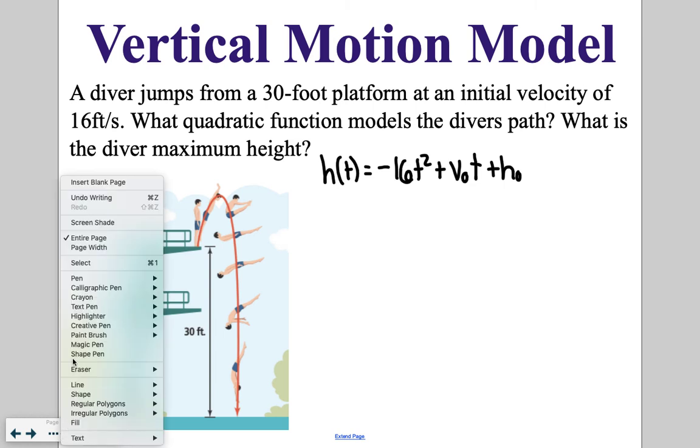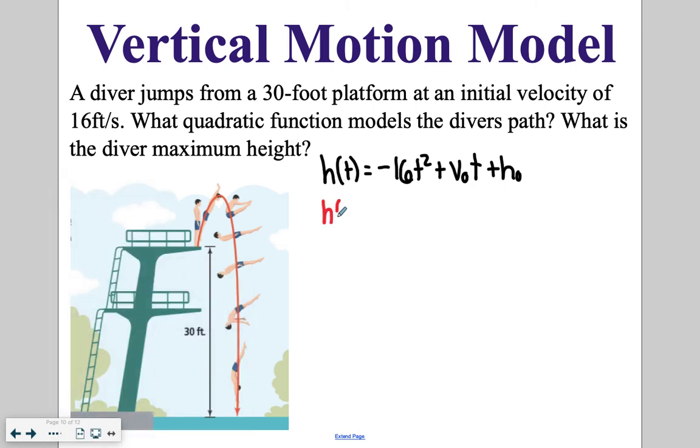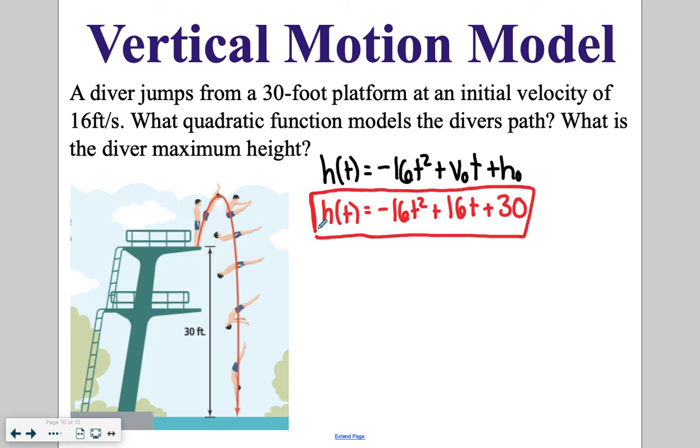So they give us the information in the sentences. So I'm going to say h of t is equal to negative 16t squared plus my initial velocity, which is 16 feet per second, so 16t, plus the initial height. So the platform where the diver started was 30 feet tall. So this is our quadratic model for the diver's path.